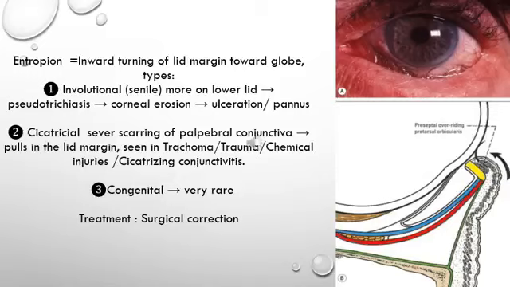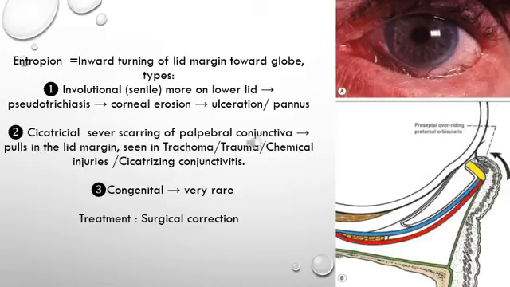It occurs with age, with the weakness that occurs with aging. Usually when there is inward turning of the lid, as you see here in the photo, there's a pseudotrichiasis causing corneal erosions, ulceration, and pannus formation.